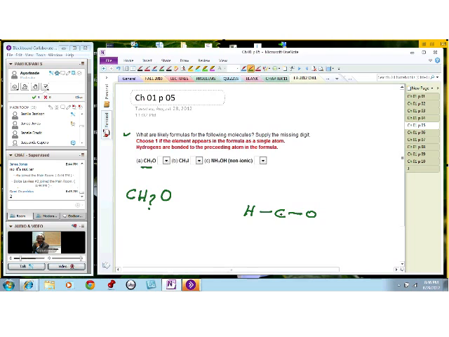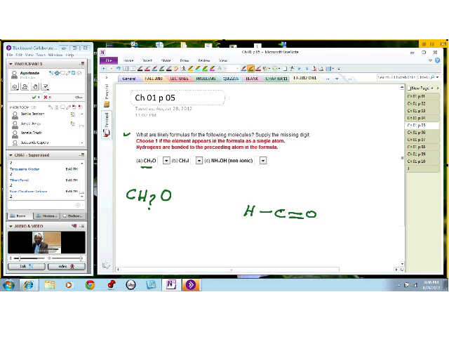How many bonds does carbon need? 4. If it needs 4, how many bonds does oxygen need? 2. So let us satisfy oxygen here. Oxygen is happy, the valence is okay. Now we know that hydrogen only needs 1 bond. The valence is 1, so hydrogen is happy.